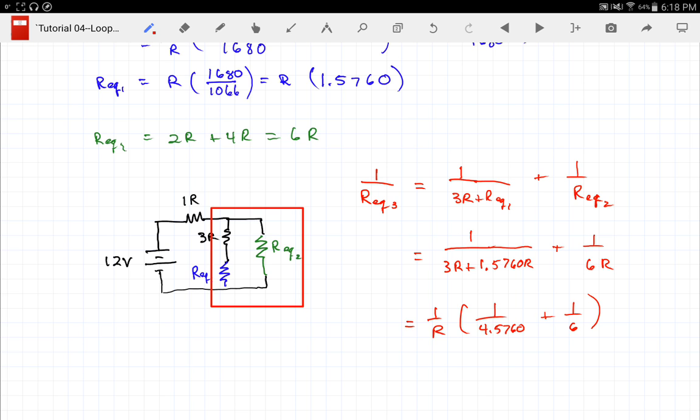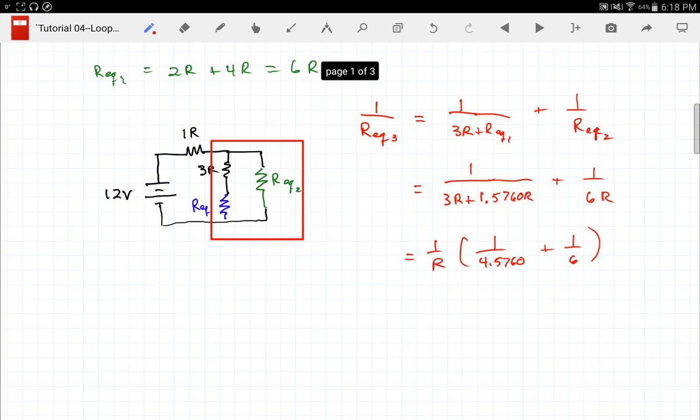Now for this here, of course, I am just going to use a calculator. I am in no way able to do those fractions in my head. And so bear with me for just a second.